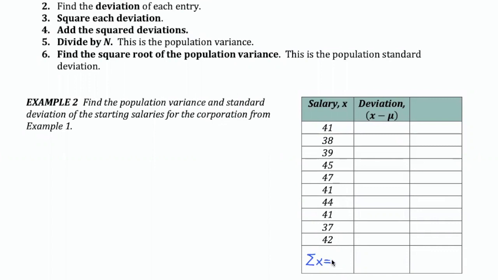We found that the sum of the pieces of data was 415, and we calculated our mu by doing the sum of the pieces of data divided by number of pieces of data, and we got 41.5. The next thing that you would do would be to calculate your deviations, taking the piece of data, subtracting the mean. We already did this, so I'm just going to bring those numbers over.